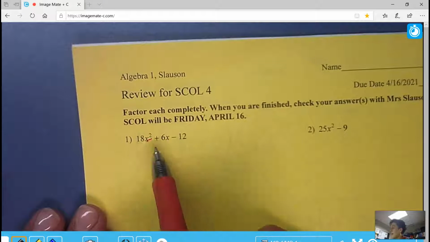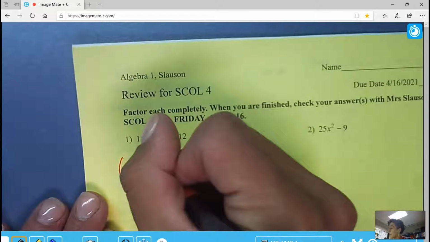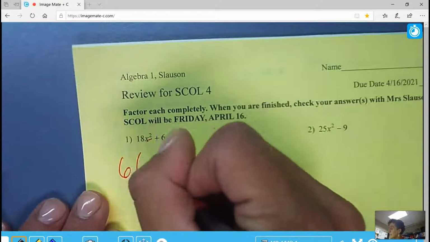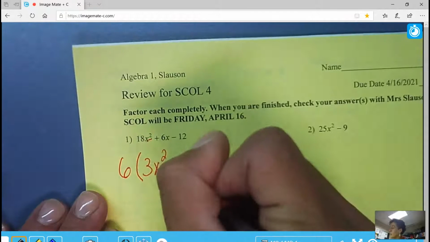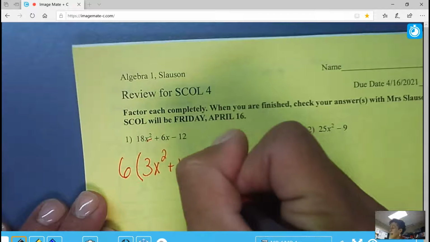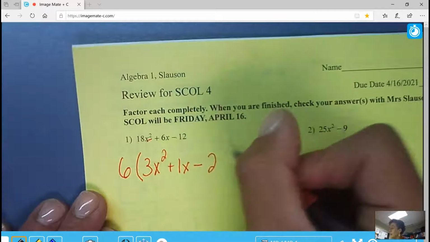I just need a GCF. So the smallest number, as it turns out, goes into both of those. And then I cannot take an x out, so I'll just GCF a 6. And 6 times 3 is 18 with x squared. 6 times positive 1 is 6 with the x. And 6 times negative 2 is the negative 12.